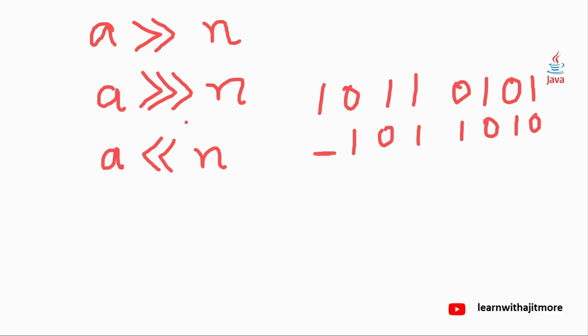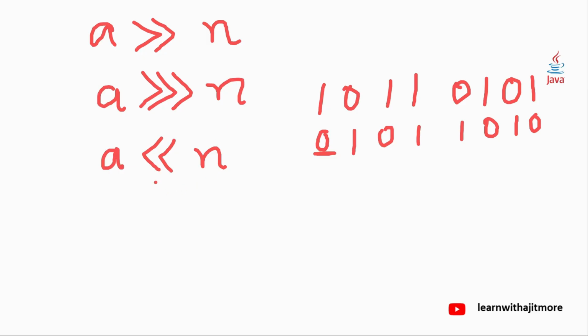But when you are using three greater than, if you remember yesterday's session properly, irrespective of what the old sign bit is, always 0 will come in the MSB. It will do the normal shifting: the 0th bit will go out, the 1st will come to 0, the 2nd to 1, and the last to the second last. But what will come in the MSB? Always 0. Therefore, this is called zero fill right shift.